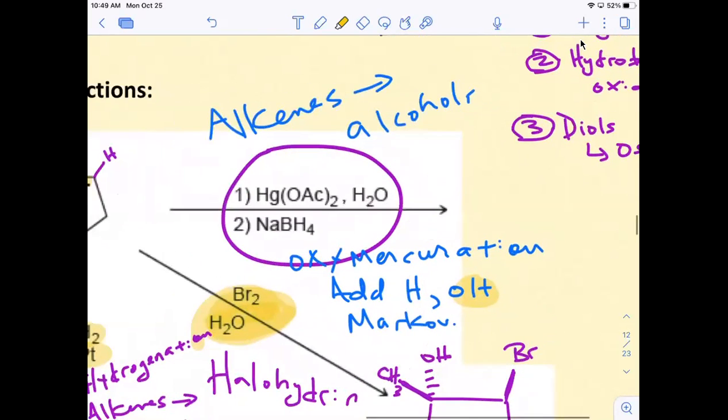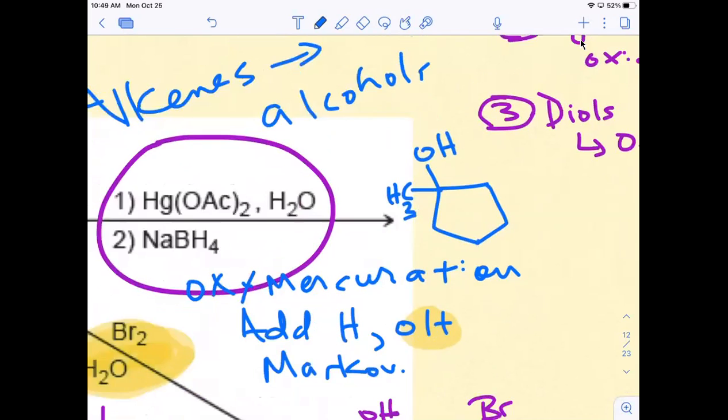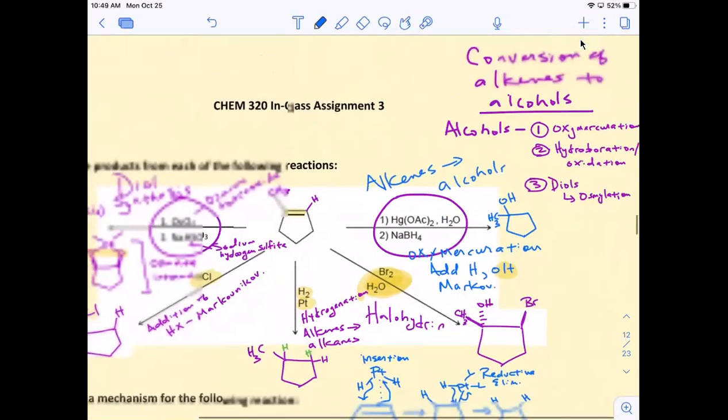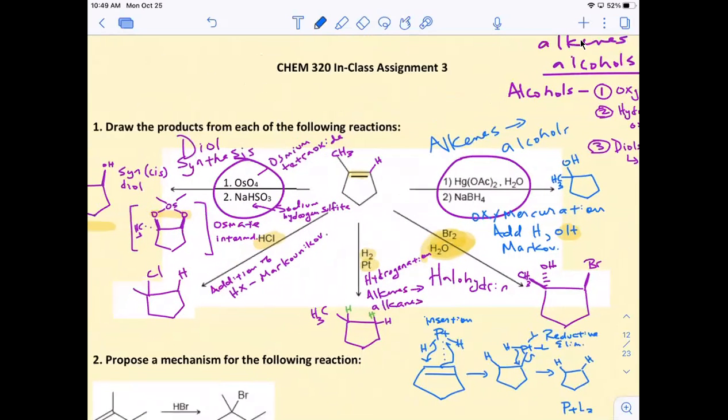So let me just show you the product, and then we're going to stop, and then we'll pick up on Wednesday. So the OH ends up here. Right, and what I want you to notice, in all of these products, at the end of the reaction, the double bond no longer exists.